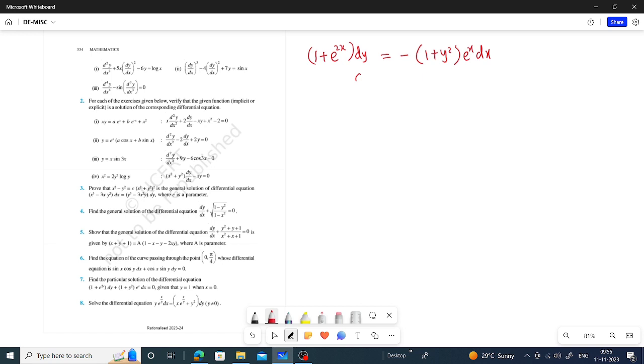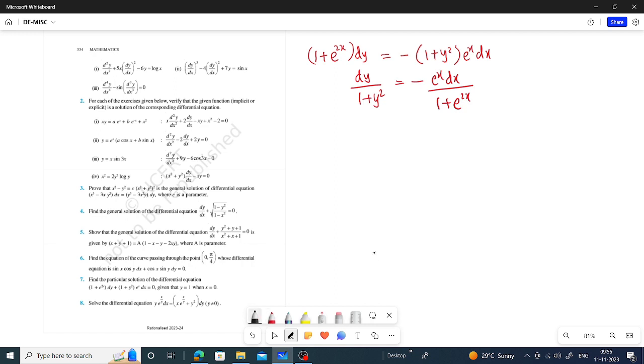Now with the dy we collect all the y terms: dy by (1 plus y square) equal to minus e raised to x dx by (1 plus e raised to 2x). So here we find that the variables are separated. Now we integrate.